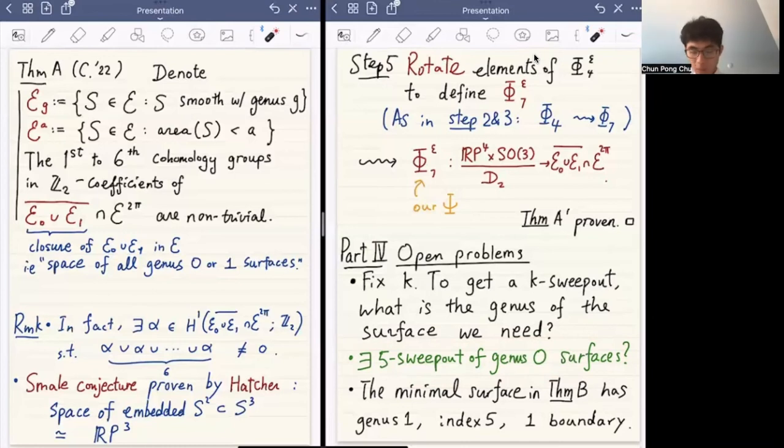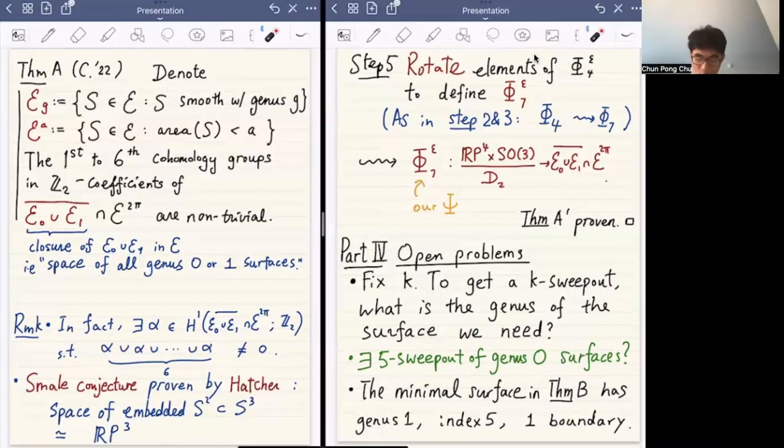If the ambient space is, let's say, S3, we will not be able to use only smooth genus 0 surfaces to cook up a 5 speed bump because of the Smale conjecture proven by Hatcher, because the space of all smooth two-spheres in the three-sphere is only RP3. But what if we allow singularities?